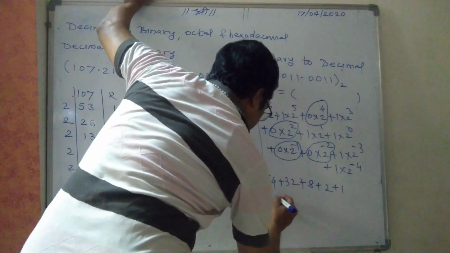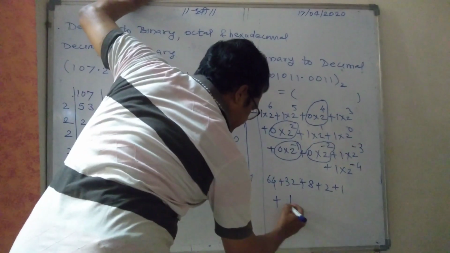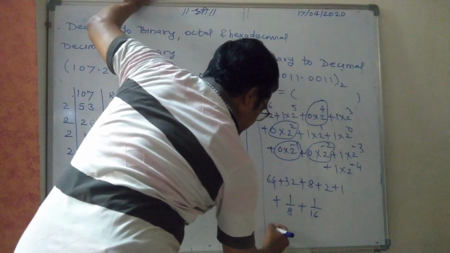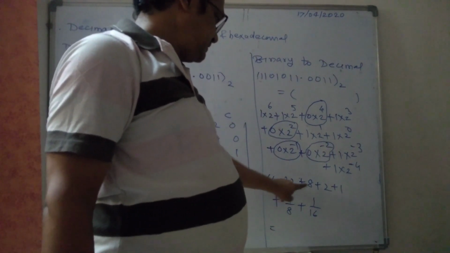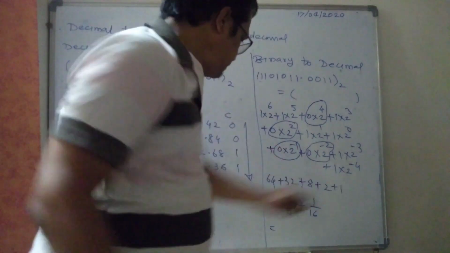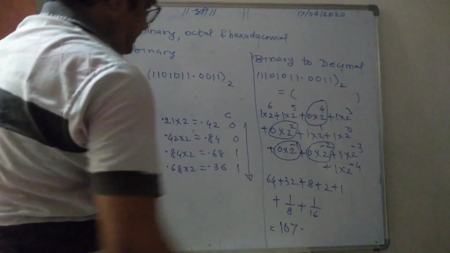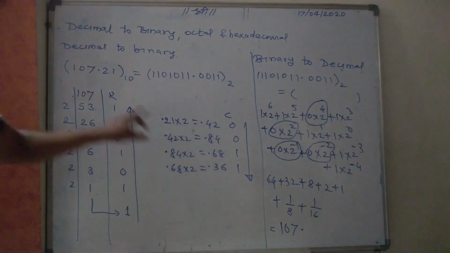Plus 1 into 2 raised to minus 3, which is 1 by 8, plus 1 by 16. So this is 64 plus 32, 96, plus 8, 104, 106, 107. Point 1 by 8 plus 1 by 16, which will be approximately 0.19.